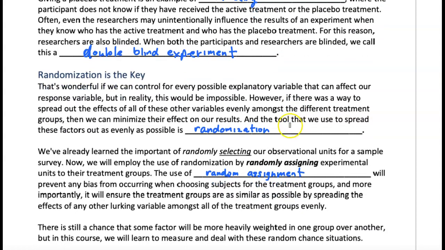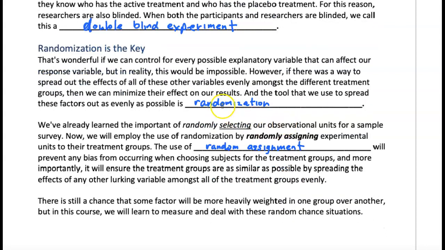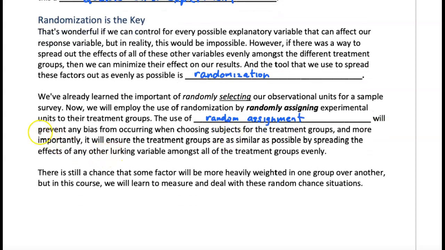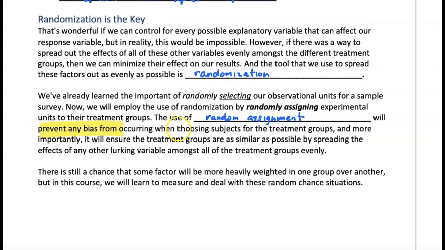Key to all of this is what we call randomization and random assignment. You randomly assign people to groups, and this helps us prevent any bias from occurring, which allows us to have similar groups. The treatment group and the control group would be similar, and that helps lessen any effects of lurking variables or confounding.